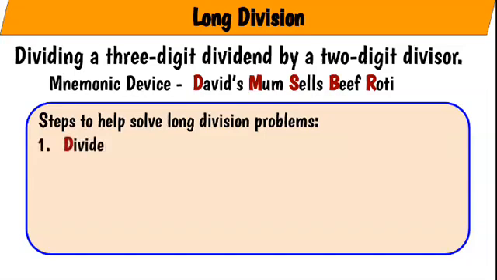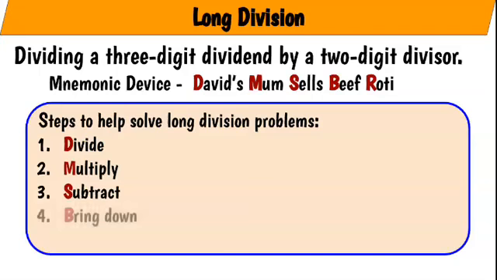So that D tells us that we have to divide. That's our first step. Our second step, from M, would be to multiply. Our third step, S, subtract. Fourth step, bring down. And our fifth step would be to repeat, if we have to repeat our process.